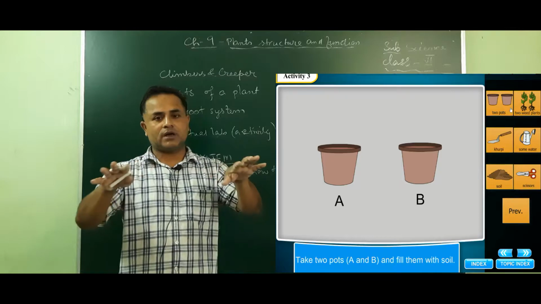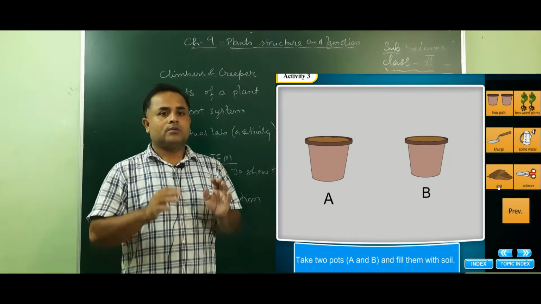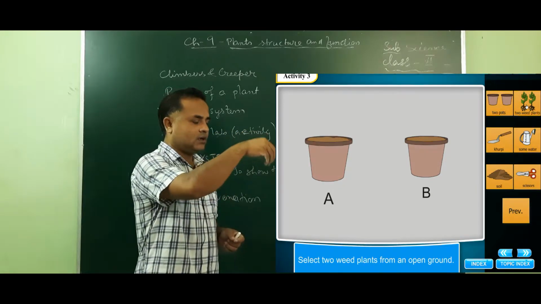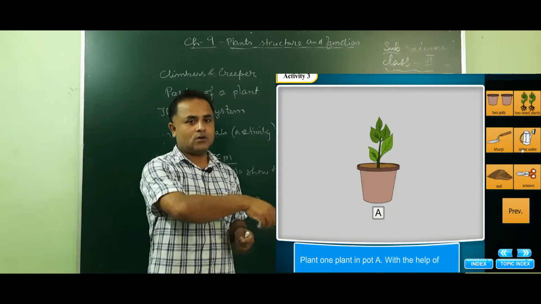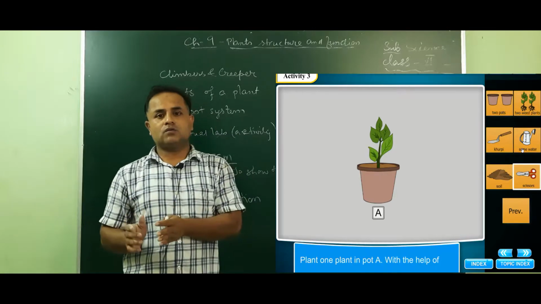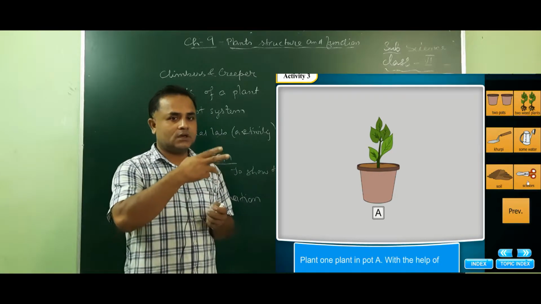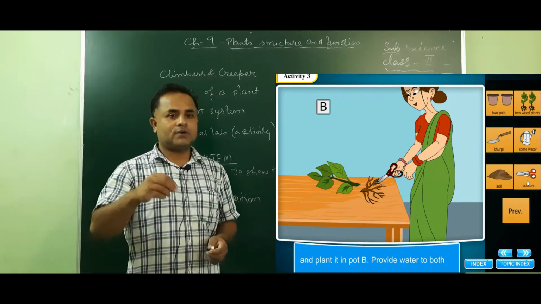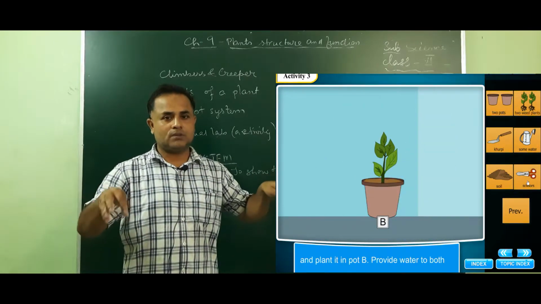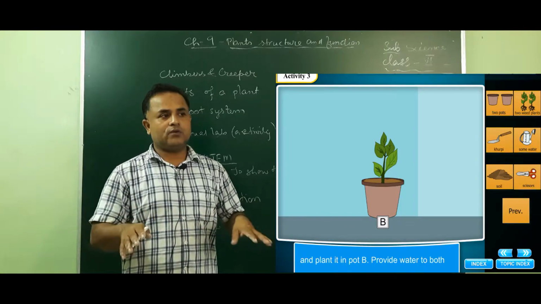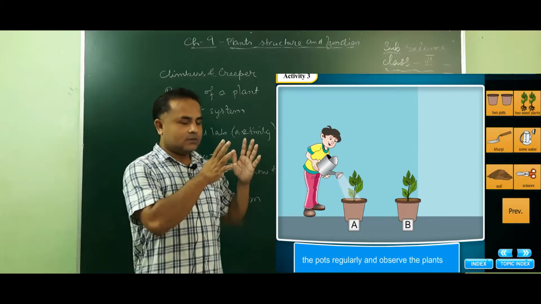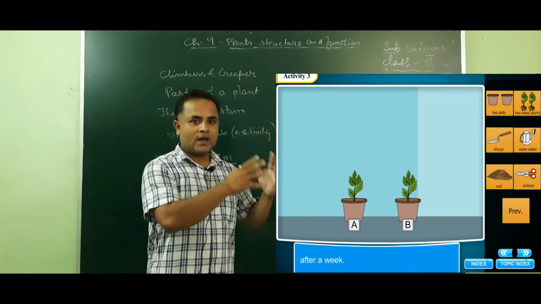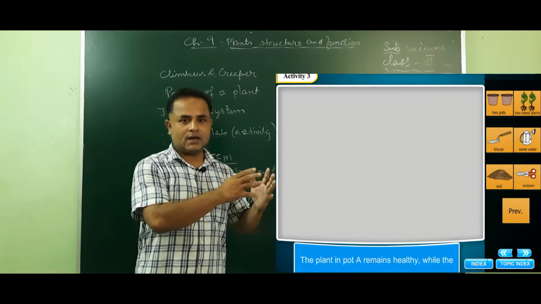Now we will take some soil also. We will fill up the buckets with the soil. We will take one plant, dig with the khurpi, make a hole, then plant it. Next one, we will cut the roots with the scissor, then plant it. After that we will water both the plants. After a week we will see that the plant with the root grows well, fresh and is alive.